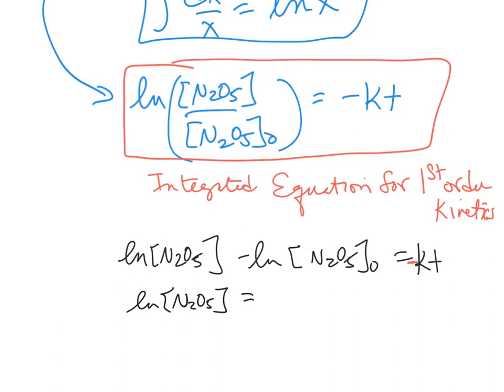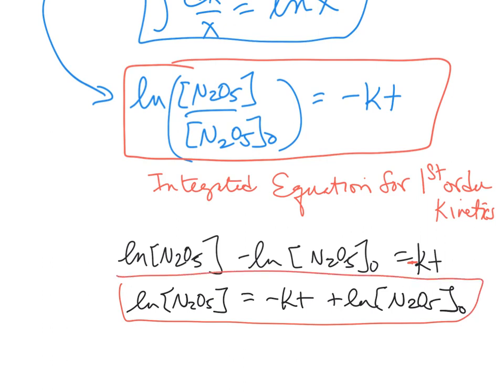So this is going to be negative kt plus ln N2O5 initial. This is another form that's very useful of the integrated equation, because it has the form y equals mx plus b. So if we wanted to use the natural log, we could do a graph and get the slope, and that would be related to the rate constant and so on.